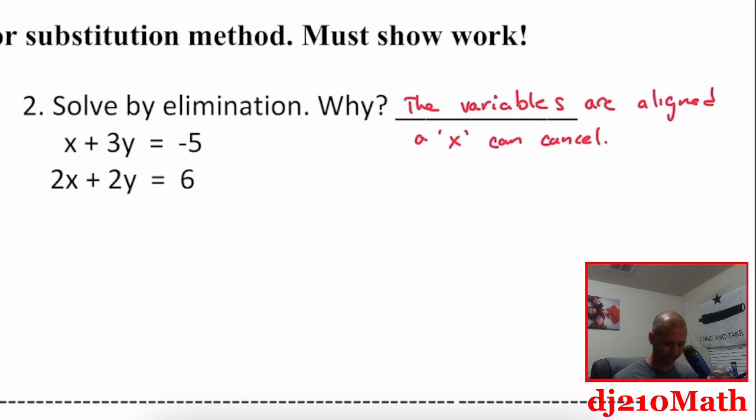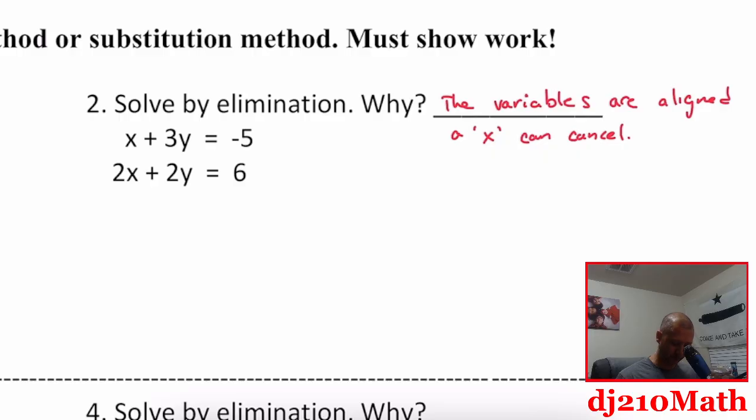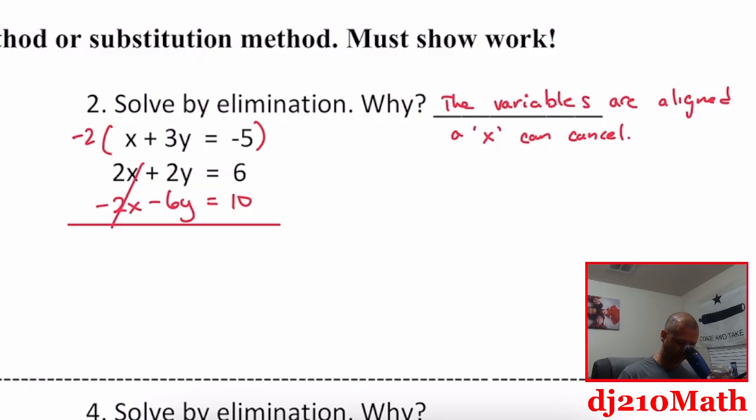That sounds good. All right, so if we want to cancel out x, if we multiply everything by negative 2, this will be negative 2x, negative 6y is equal to negative times negative, positive. 2 times 5 is 10. So when we add, it cancels.